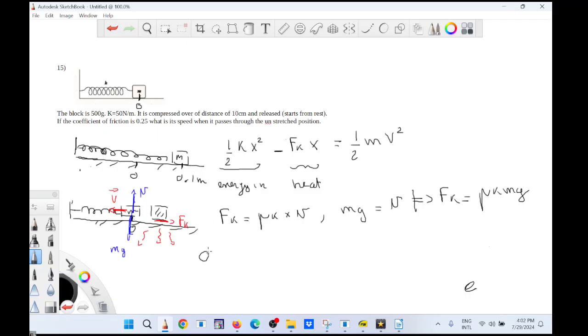So whatever we begin with, which is 0.5 times k, which is 50, times the stretch 0.1 squared, minus the energy lost to friction. So that will be the force, which is 0.25 times the mass, which is 0.5, times g. You see, 500 grams is 0.5 kilograms and g is 10.